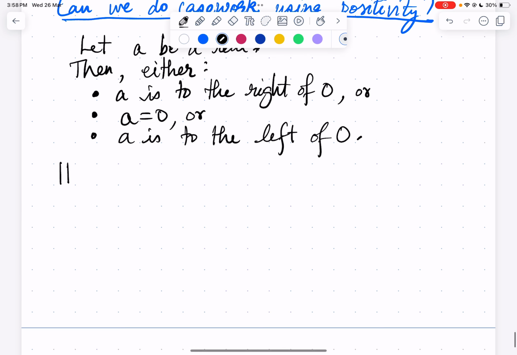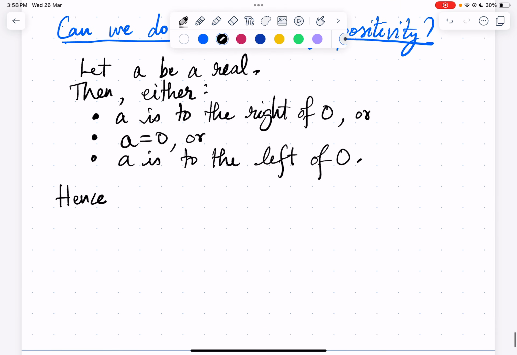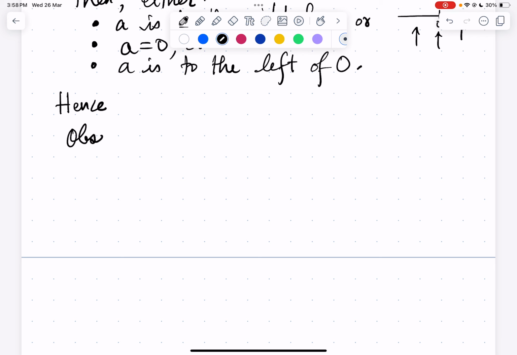Hence, if A is any real, then if this is a number line, A is either here or here or here. A is either to the right of 0, or is equal to 0, or A is to the left of 0. Hence we have the following observation.